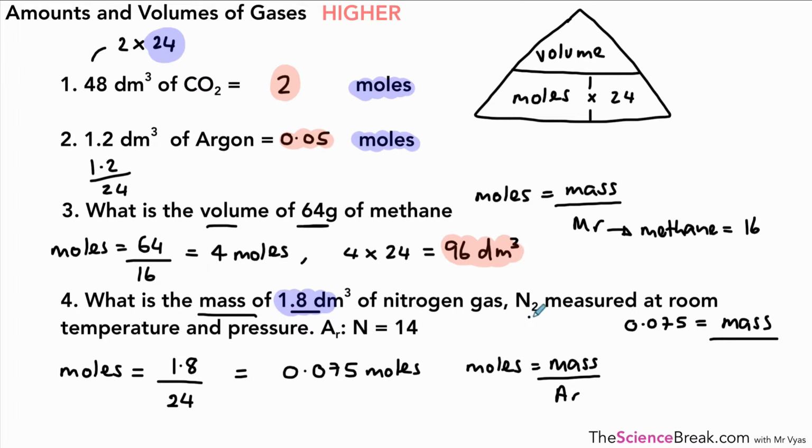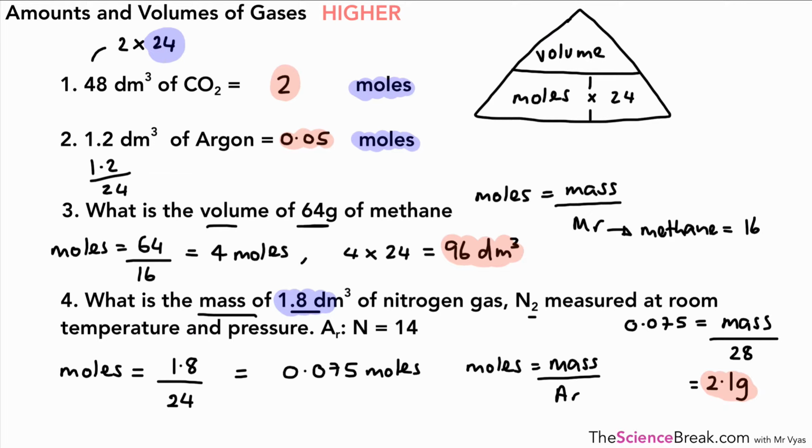Now nitrogen is N2, as we can see there, so we need 2 times 14, which is 28. If we rearrange the equation, it's a case of 0.075 times 28 to get the mass. And that gives us a mass of 2.1 grams, and that's our final answer for that question. We used 2 equations to calculate the answer.